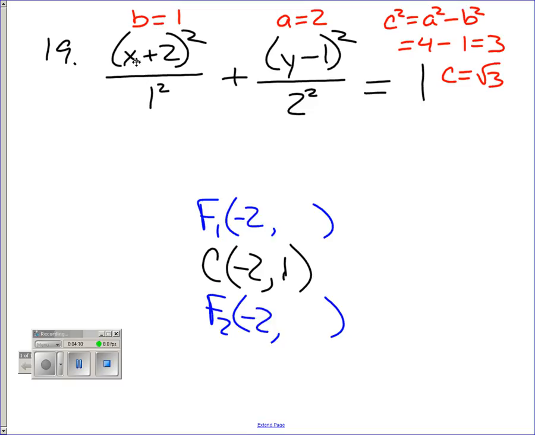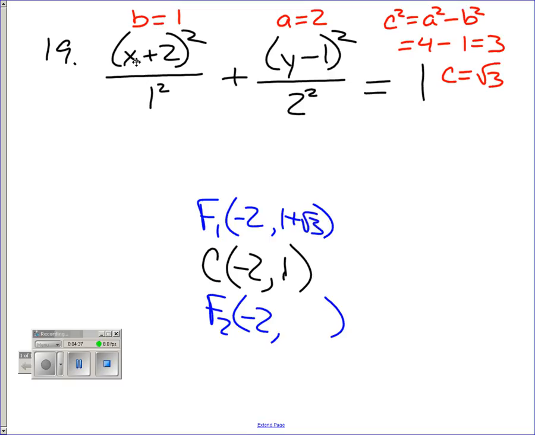There's nothing changing as far as x. But for the y-coordinate, how far up are we moving from 1? Root 3. So what do we put for this y-coordinate for focus 1? 1 plus root 3.